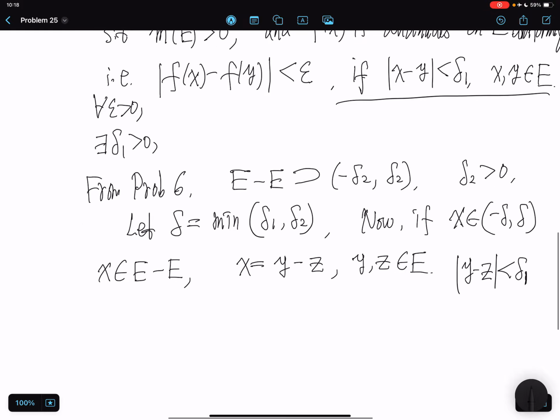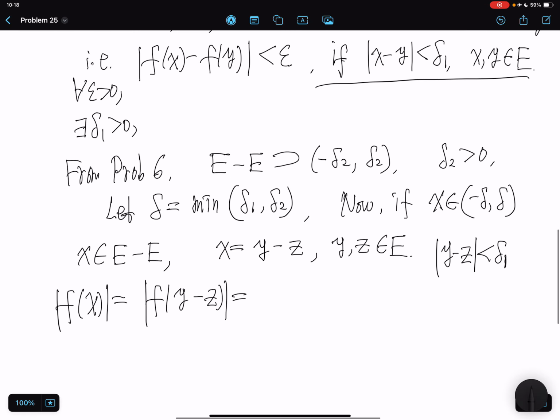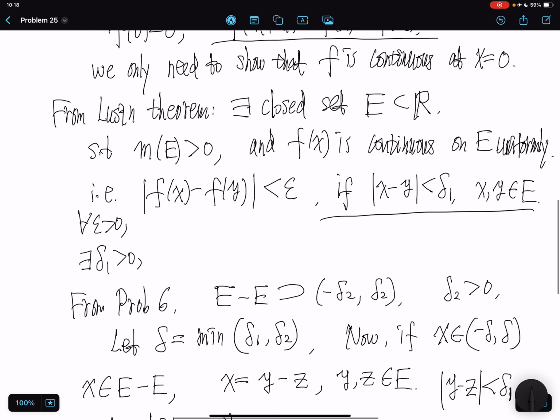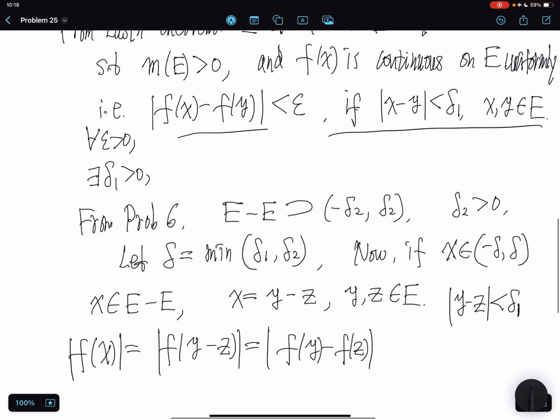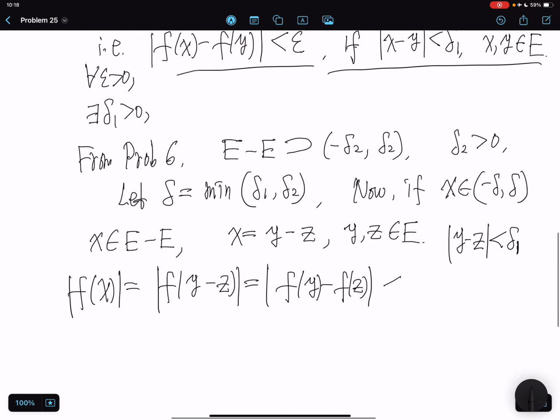Now we have the absolute value of f of x, which is equal to f of y minus z. And because of the functional equation, this is exactly f of y minus f of z, right? And from this condition, this is less than epsilon.